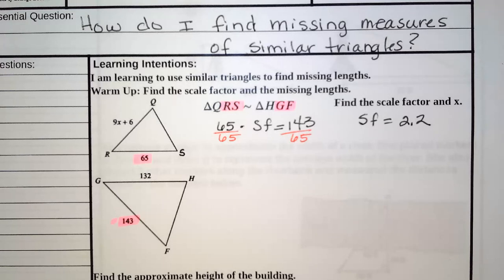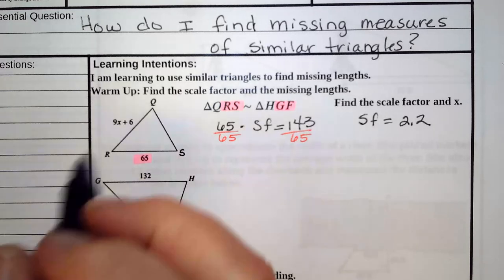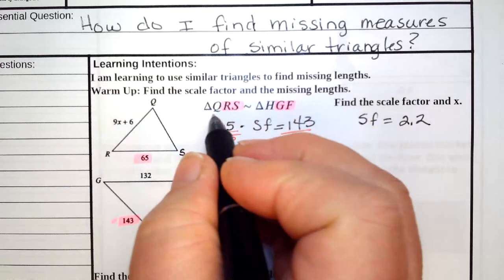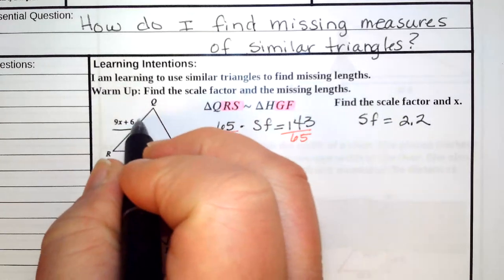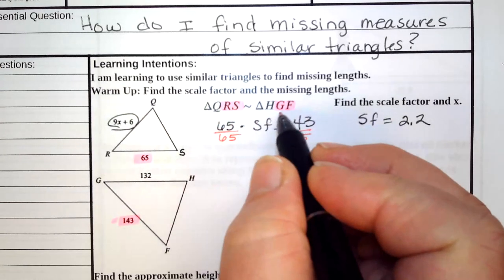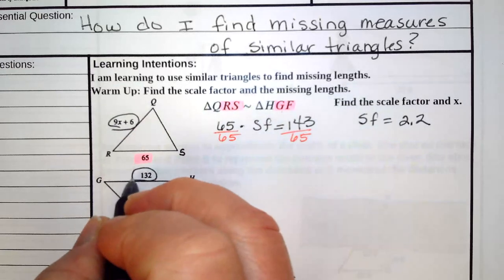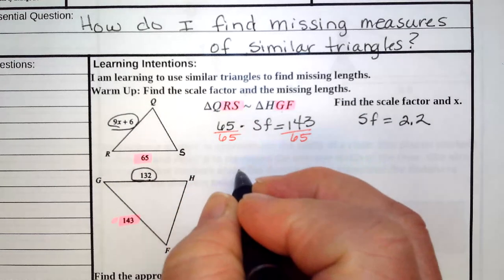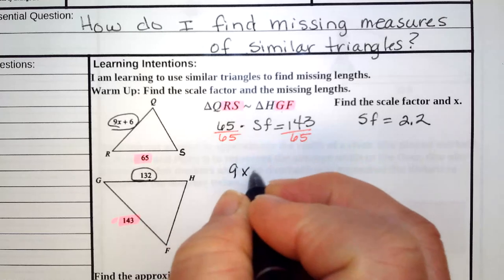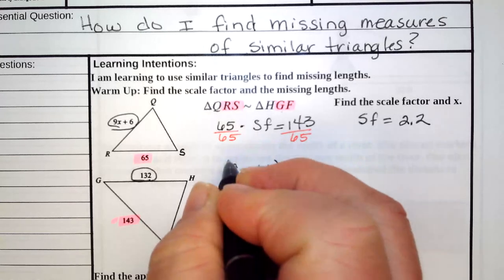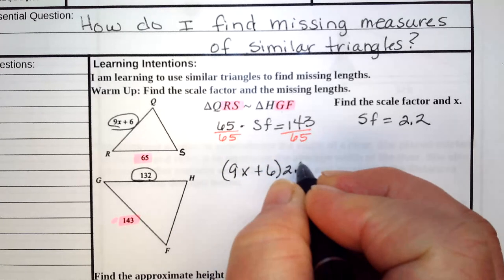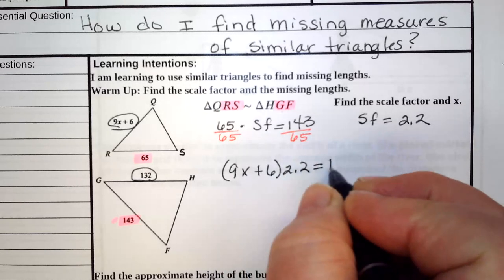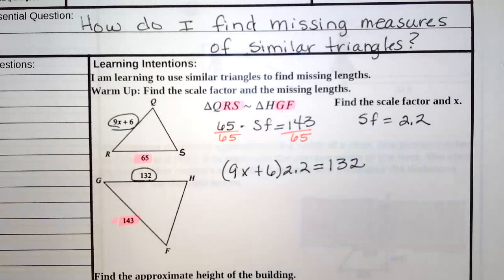If we're looking at x, this is QR, which are our first two. HG is our first two, so these match up. So 9x plus 6, that's the length of our side, times our scale factor of 2.2 will equal 132.